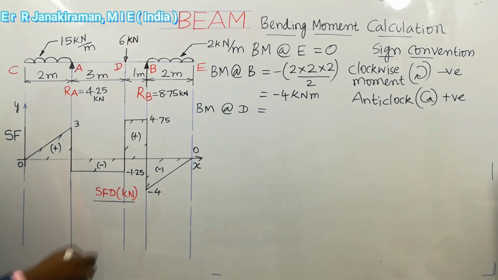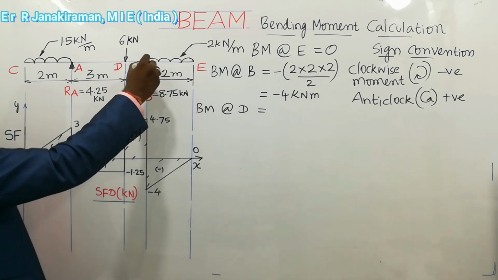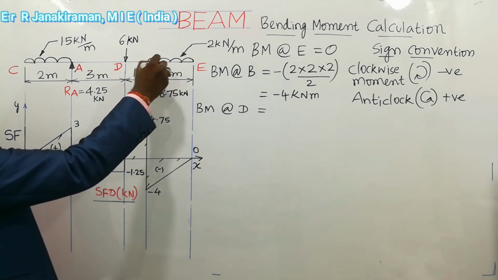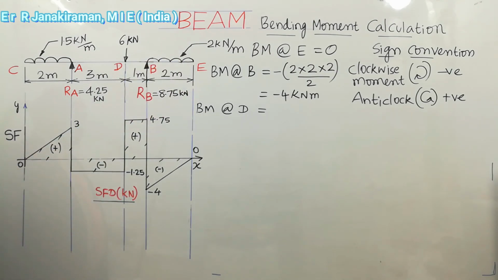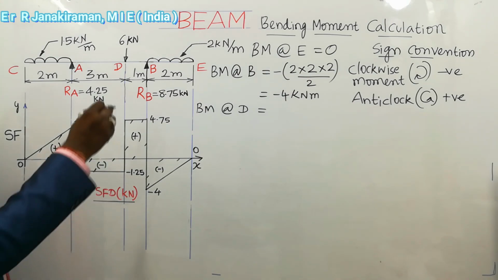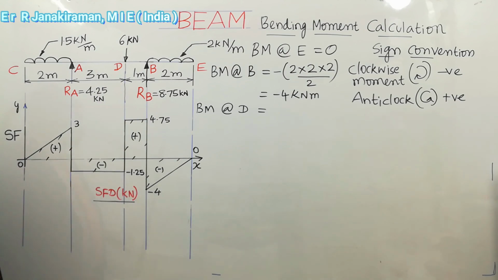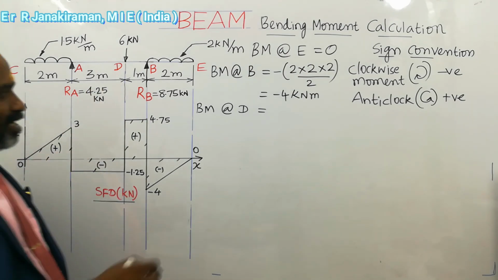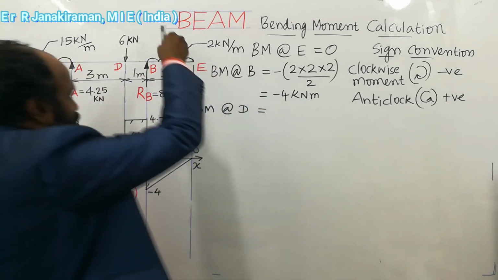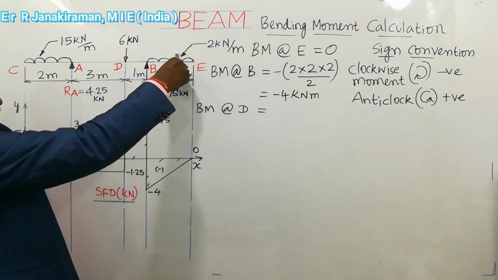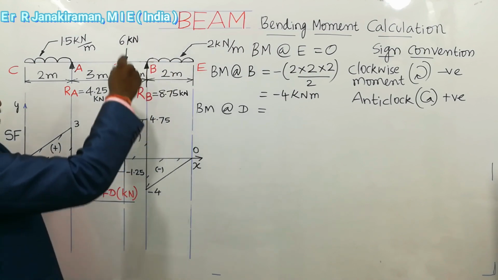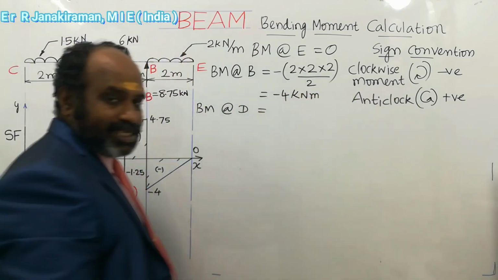Looking at point D, the UDL lies between point B and E. So WL square by 2 plus WL into remaining length, the direct effect of the UDL and the indirect effect of the UDL, we have to consider. It is a load acting downward and it turns to form a clockwise moment, so we put a negative for this. Understand?